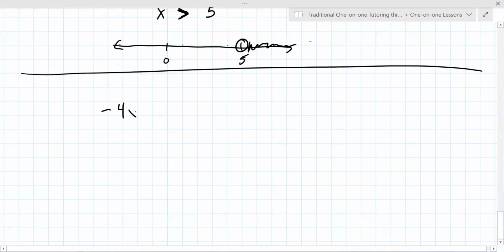Minus 4x less than 16. I'd like you to try solving this, please.